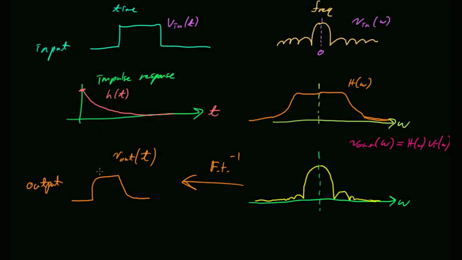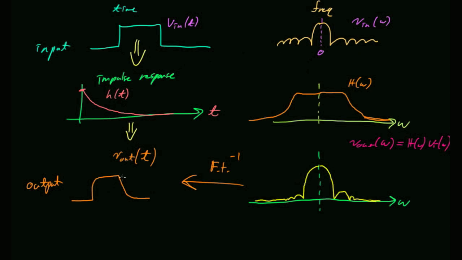Right now, the only method I have of getting V out with respect to time is to go all the way around and do my analysis in the frequency domain. I'm wondering, if I know V in with respect to time, and I know the impulse response with respect to time, is there any way for me to get my answer just going in the time domain? Am I obligated to go through the frequency domain to get my answer?